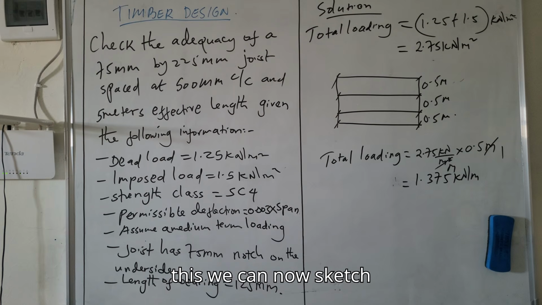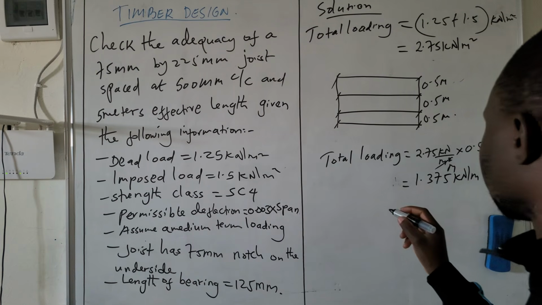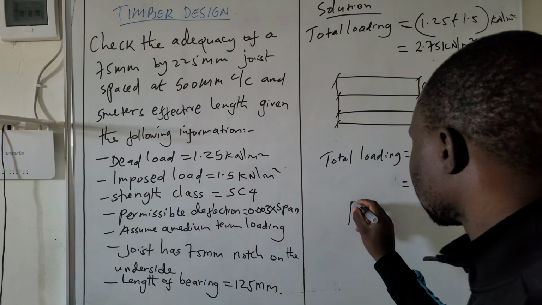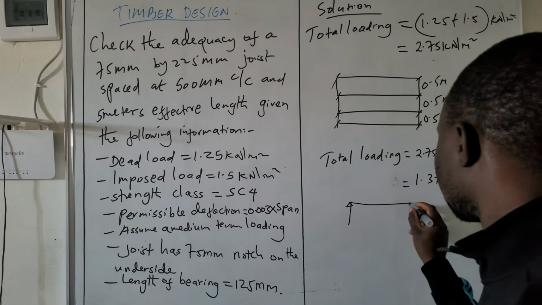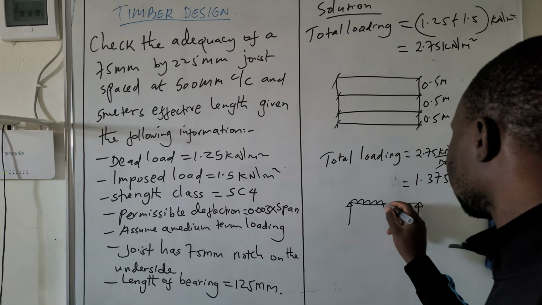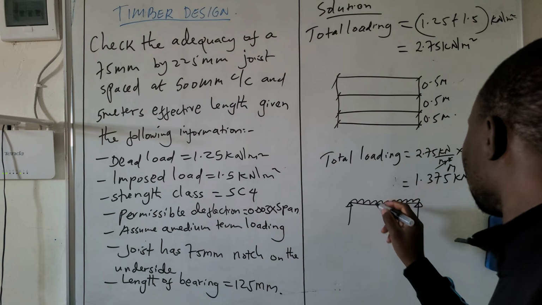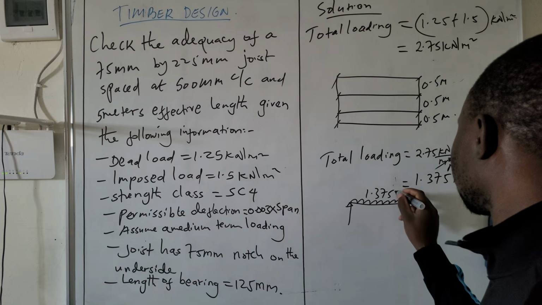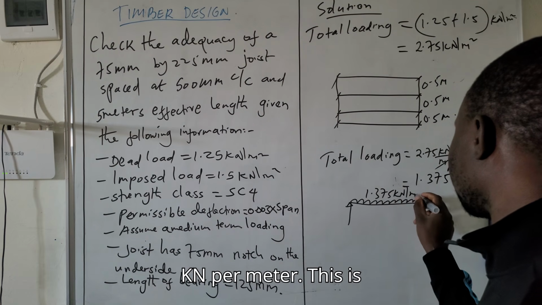And then after this, we can now sketch a joist supported on two supports. So this is our UDL, which is 1.375 kilonewton per meter.